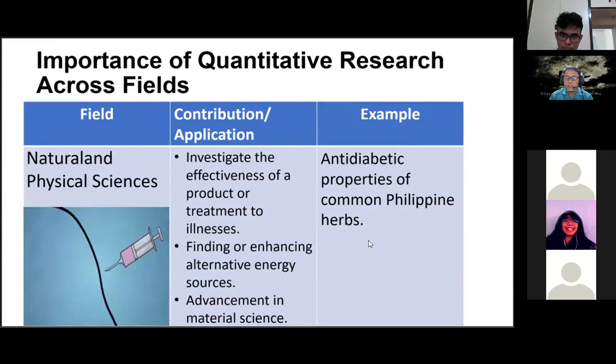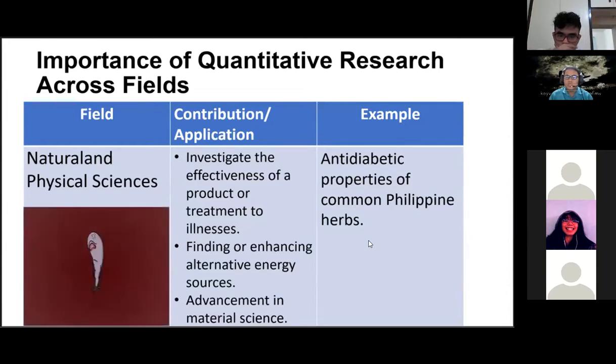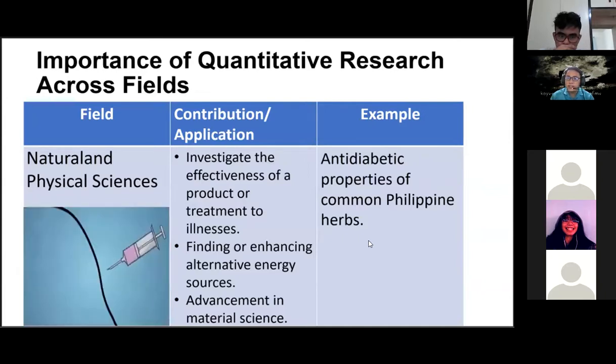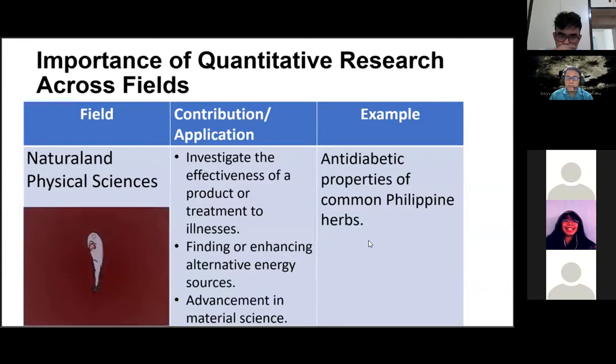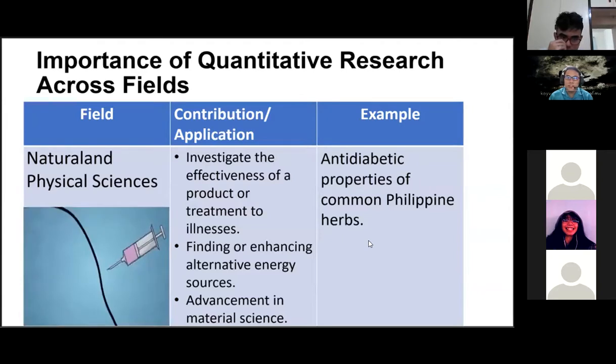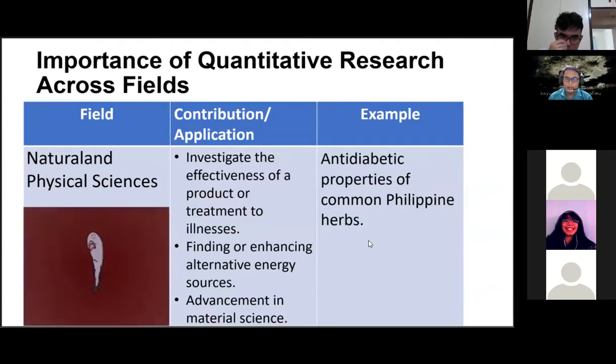So that's why research is important as well when it comes to the natural and physical sciences, in developing medicines and treatment, as well as in everything connected to addressing health problems.